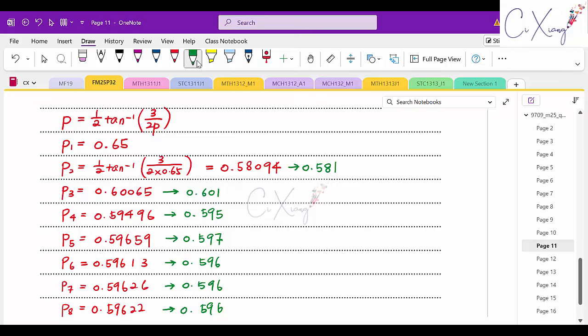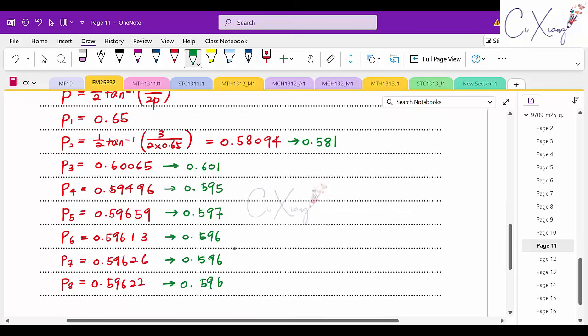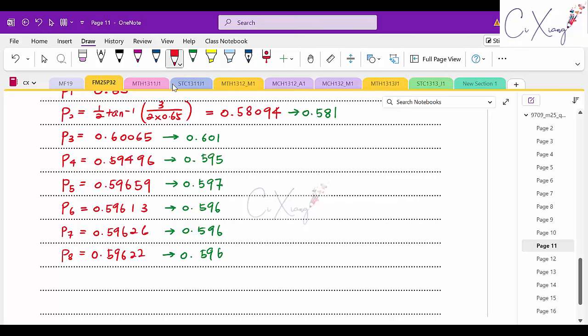So for me personally, I will prefer to look for the answer repeated 3 times. Some students, they will stop at 2 times. For me, I want it to be safe, right? So I always keep it as 3 times. So you can see the 3 repeated answer for 0.596 already. Then you can stop the iteration and you can just straight away tell them that the root is basically 0.596.